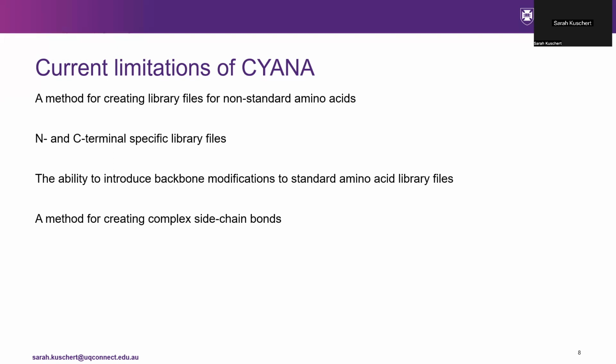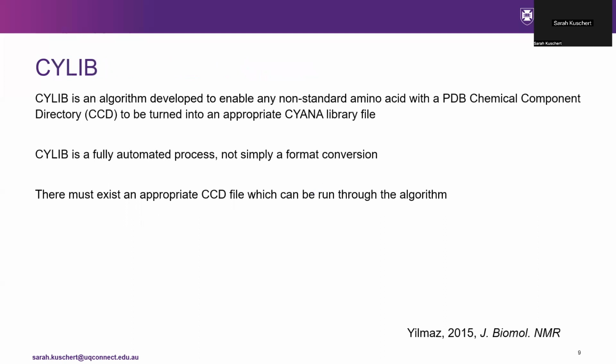structural determination. So in order to address this, Peter Güntert, who is the author of Cyana, in 2015 released an algorithm called scilib. It is able to create a non-standard amino acid library file if a chemical component directory is available for it. It's a fully automated process, not simply a format conversion.